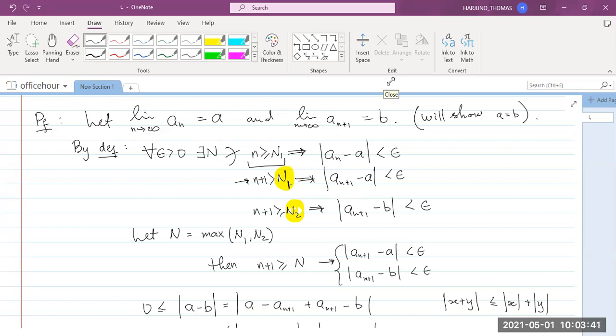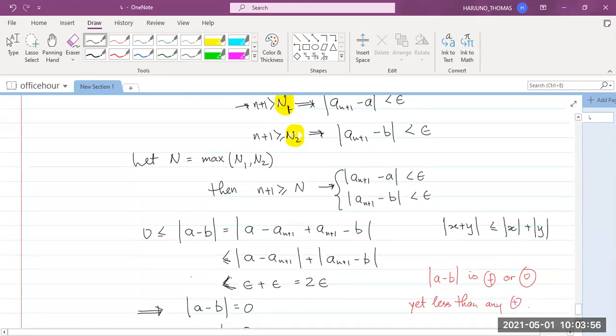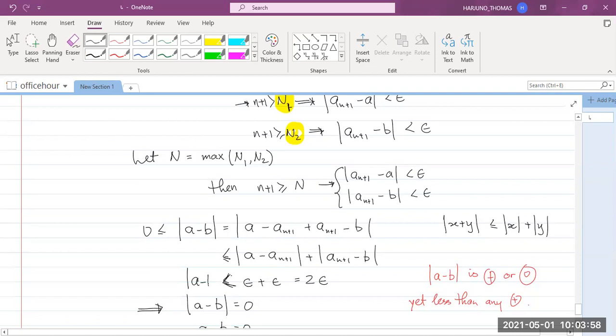So Robert has this question. So we had the absolute value of A minus B, no, not equal to 2 epsilon. It's less than 2 epsilon. Okay, less than 2 epsilon.